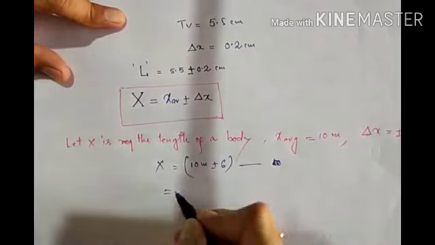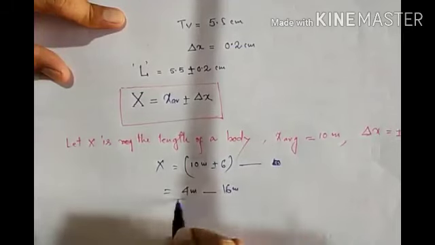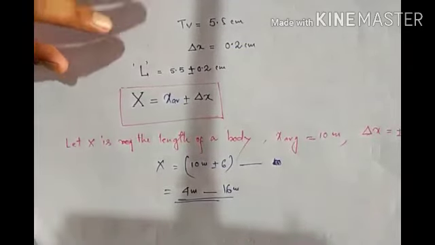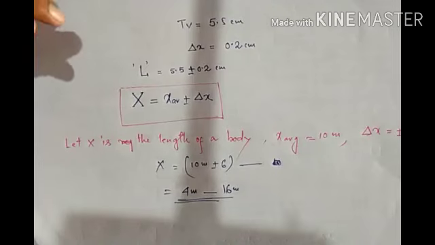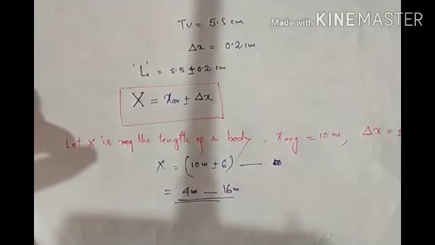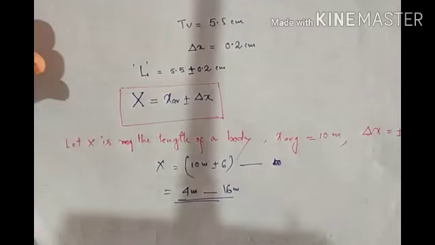That means the result can vary from 4 meter to 16 meter. Will you accept it if I give you an object and ask for the length, and you say the result could be anything between 4 meter and 16 meter? It will not be acceptable. So there has to be some parity between the results and the respective true value.